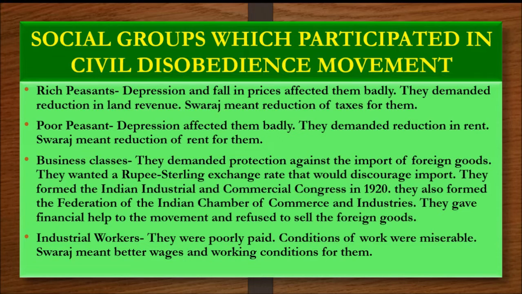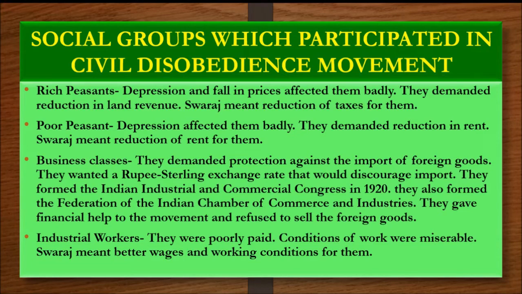So, when we discuss the social groups which participated in the civil disobedience movement, the rich peasant communities of rural areas, the Patidars of Gujarat and the Jats of Uttar Pradesh, actively participated in this movement.